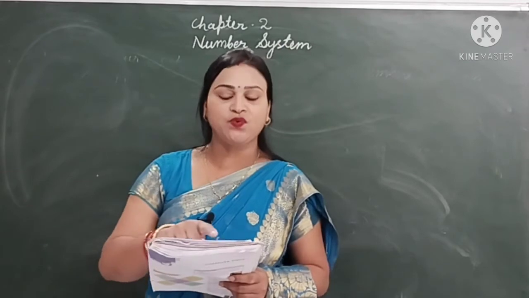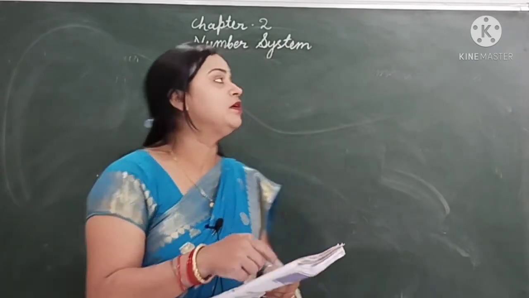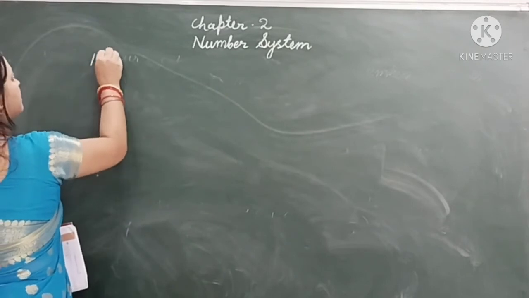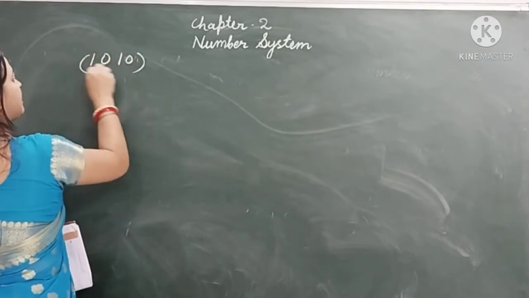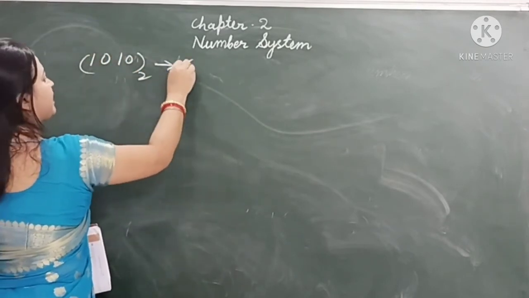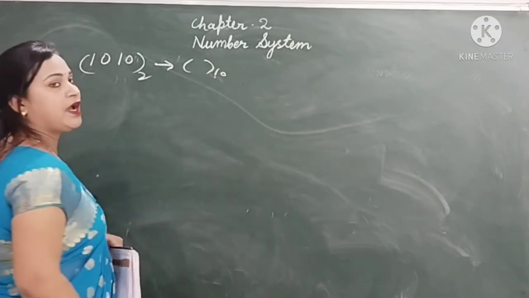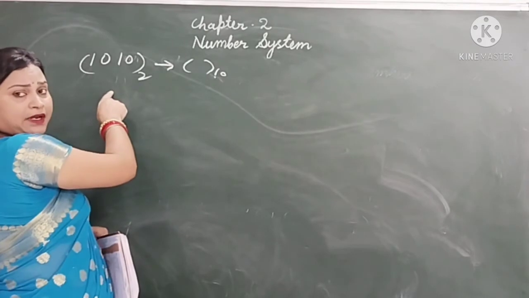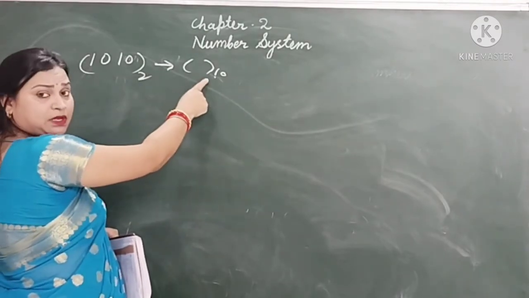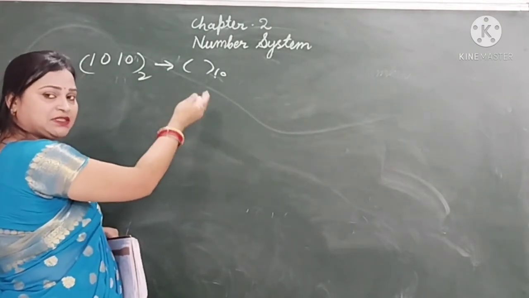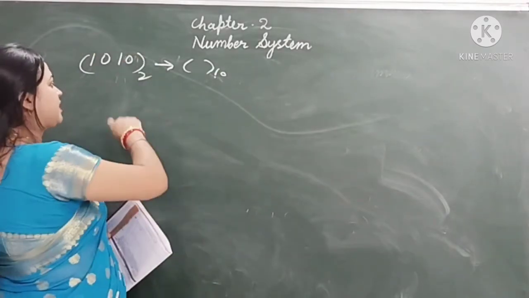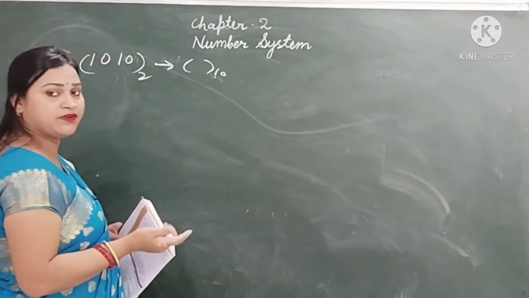Means first we have to convert the number 1010 base 2 into its equivalent decimal number, and the resultant has to be converted again into binary. The result comes in decimal, again we have to convert the decimal answer into a binary number. If both the answers are correct, then it is verified.